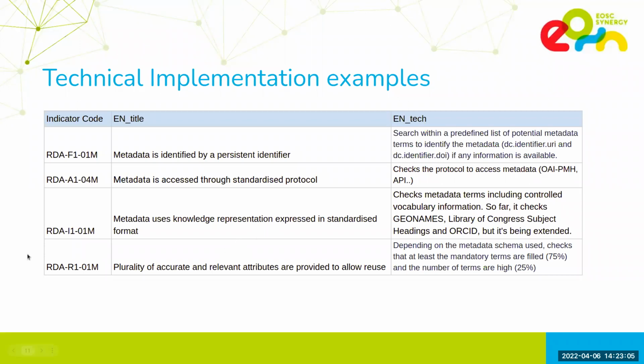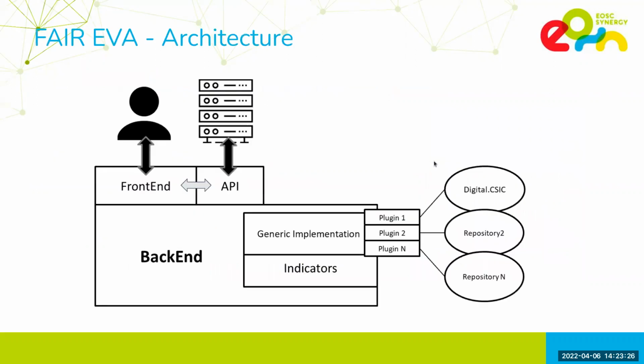And for reusability, we check a list of metadata terms defined by a specific schema, and whether they include some mandatory terms, etc. The idea is that all those checks can be configured and can be adapted to different research communities, for example.